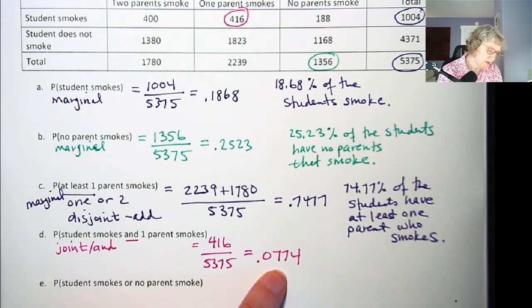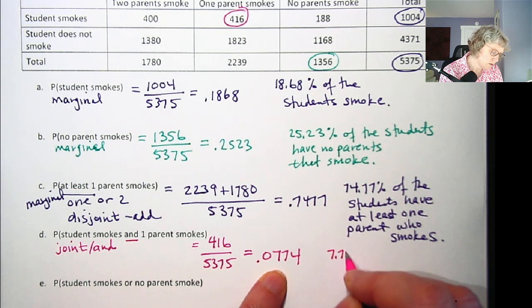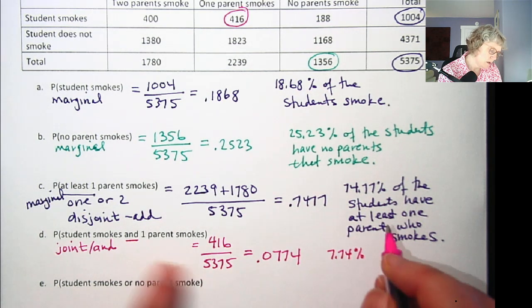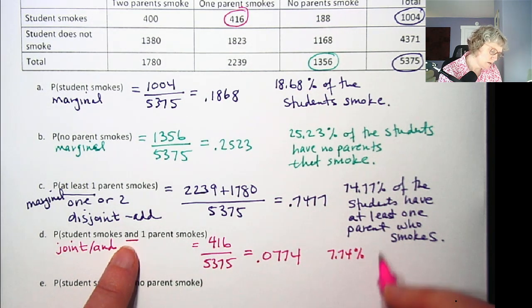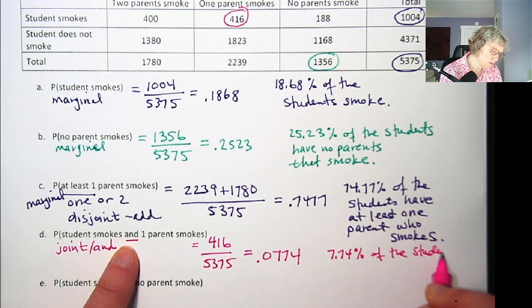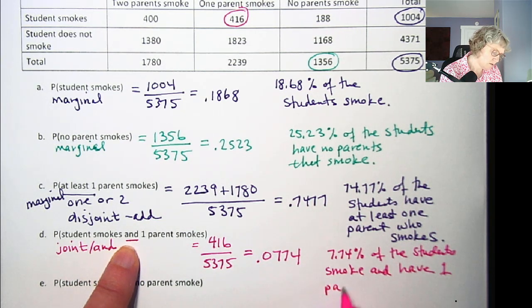So 7.74% of the students smoke and have exactly 1 parent who smokes.